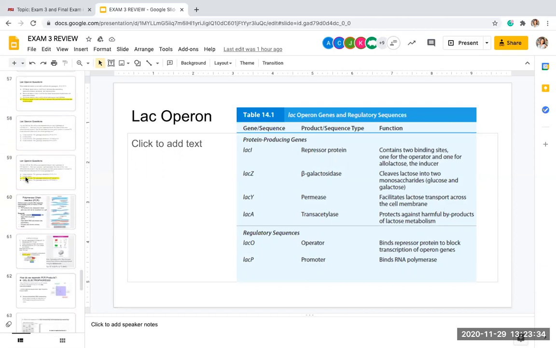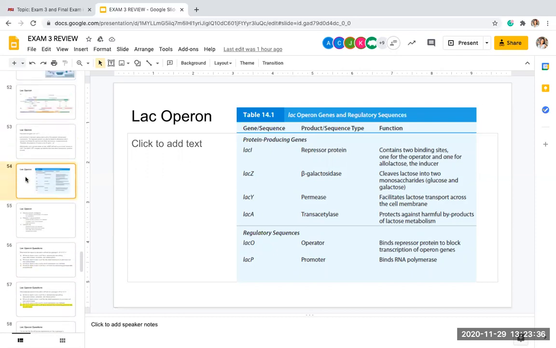So Yash wants to know if we had the mutation to O to make it constitutive and Z positive with glucose present and lactose absent, would we still make beta-galactosidase or would we make none? Okay, so in that situation, because your LAC-O, your LAC operator, is constitutively expressing, you are still going to be making your beta-galactosidase.